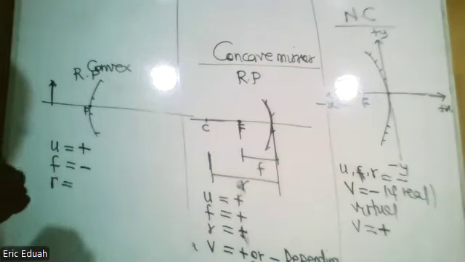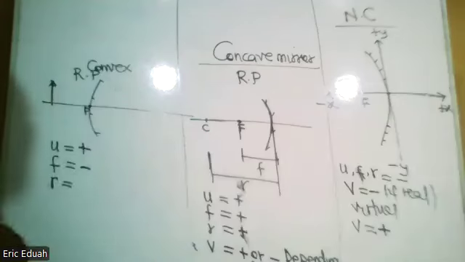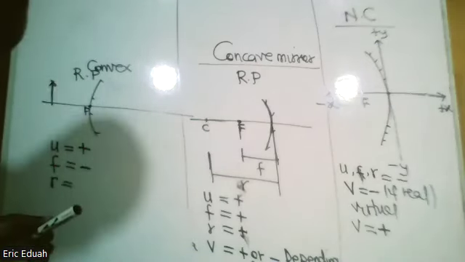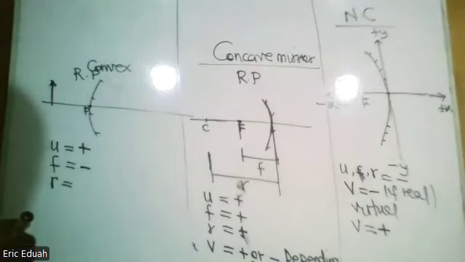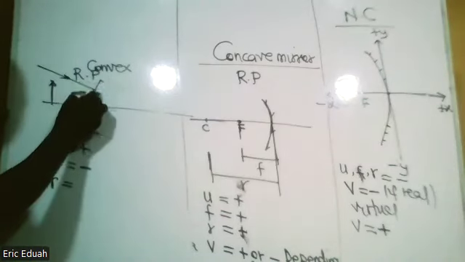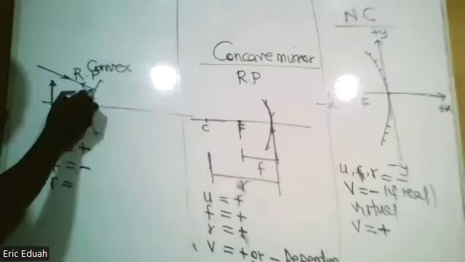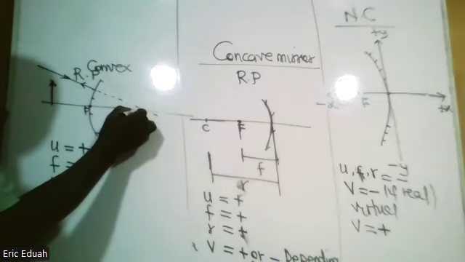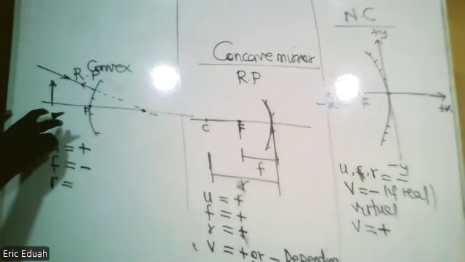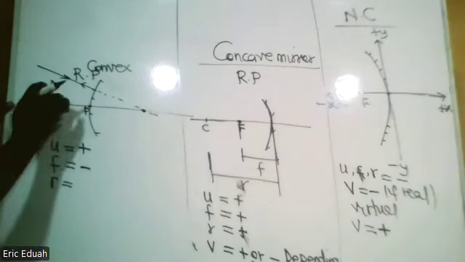So it means that a convex mirror has a virtual principal center of curvature. When light hits the mirror at 90 degrees, it reflects along the same path and appears to pass through a point behind the mirror.